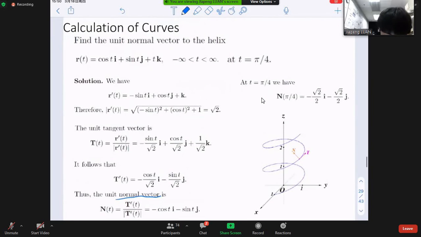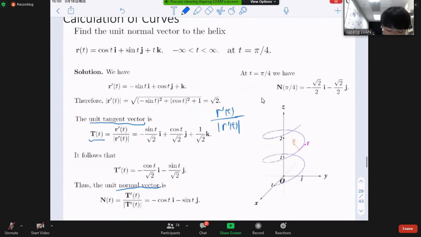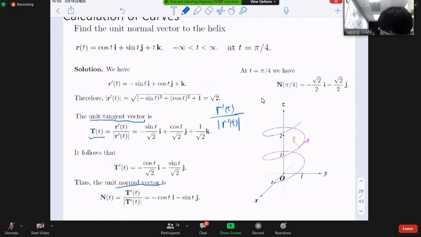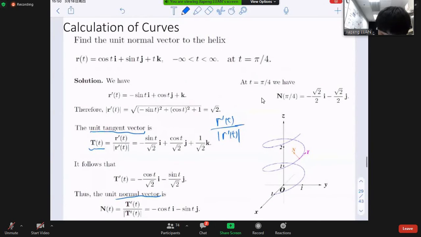And back here, first you need to calculate the unit tangent vector. For this, the unit tangent vector, it is just r prime t over the norm of r prime t. Okay, that is the equation we just talked about. And I think it's easy for you to calculate these two things, which will give you a function of t, like this.